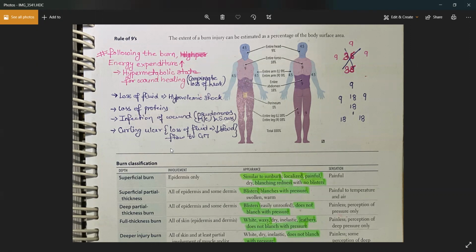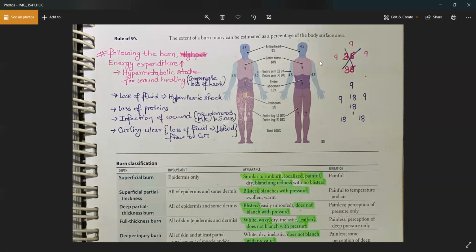And they can ask you about the extent of the burn injury. They will give you a patient having a burn injury to the thigh or the abdomen, and ask how much body surface percentage is involved. So please note, for the head, you have 9%, 4.5% anterior and 4.5% posterior.